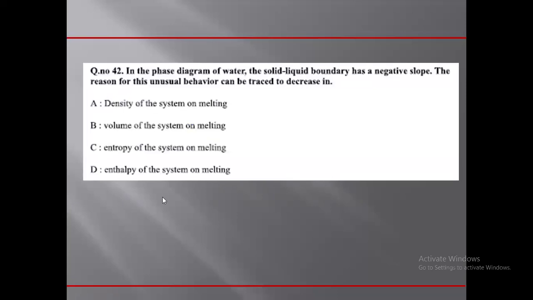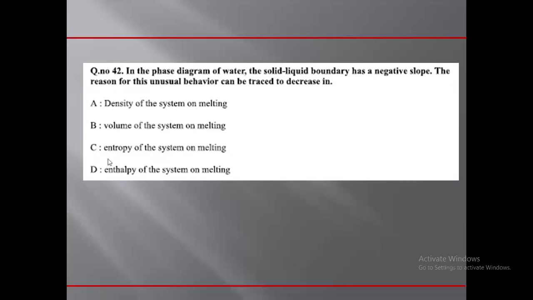Question number 42. In the phase diagram of water, the solid-liquid boundary has a negative slope. The reason for the unusual behavior can be traced to a decrease in: A, density of the system on melting; B, volume of the system on melting; C, the entropy of the system on melting; D, the enthalpy of the system on melting.